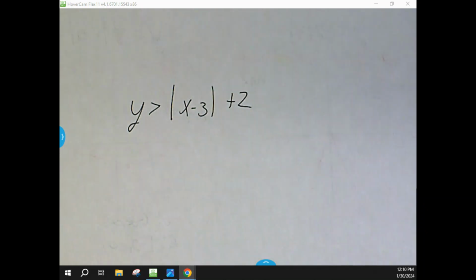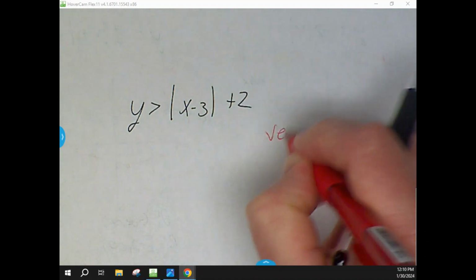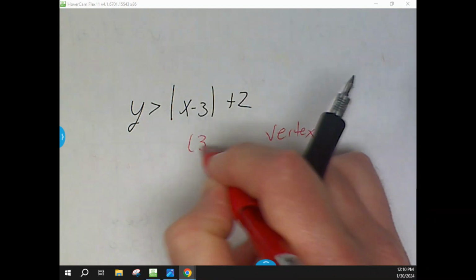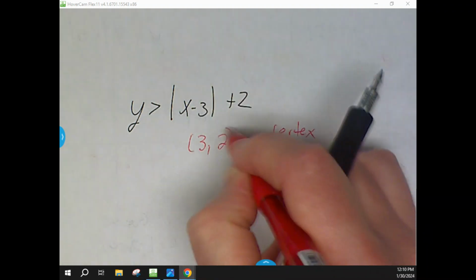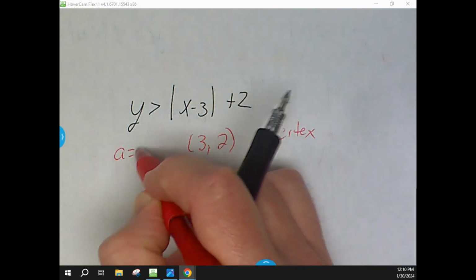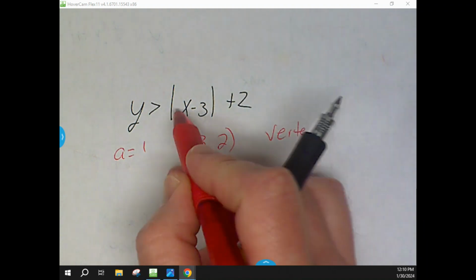You still find your vertex the exact same way. Number on the inside, change the sign. Number on the outside stays the same. A value would still be 1 because there's technically a 1 that would be there.